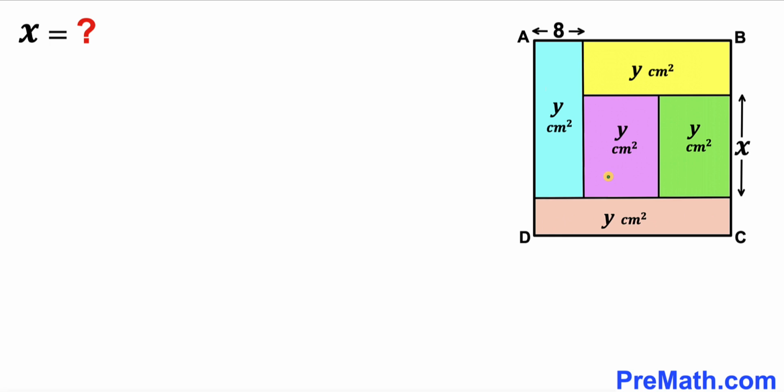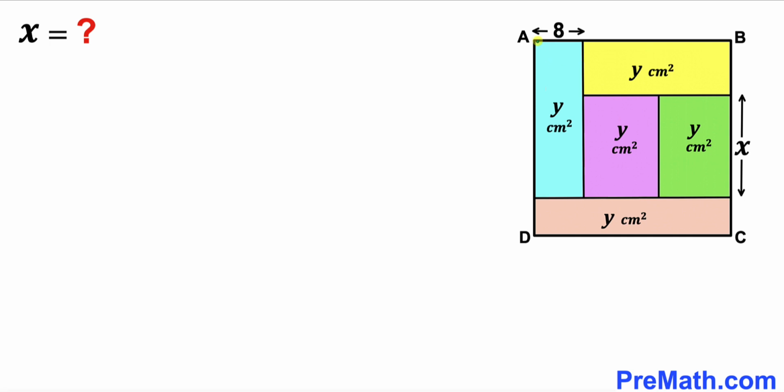As you can see in this diagram, blue rectangle, yellow rectangle, purple rectangle, green rectangle, and the pink rectangle. And moreover, the area of each of these individual rectangles is y centimeter square. In other words, the area of all these rectangles is identical.